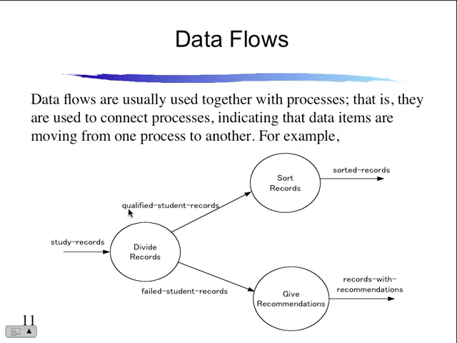Then we're going to take all the qualified people and sort the records out, and then send them all an email message: hey, you qualified to graduate, and you're all ready to go. And then the other group, your failed students, you're going to give recommendations. You're going to say, hey, maybe you should retake this class, or you're not quite ready to graduate yet, you have this and this and this to take.